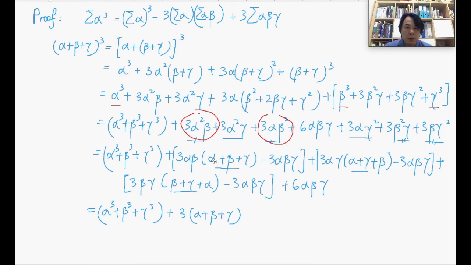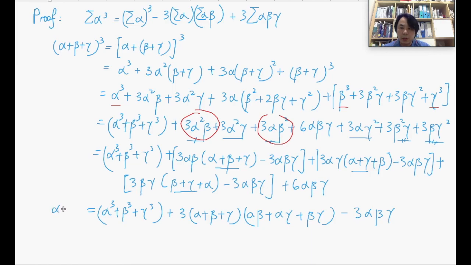And then once we factorize this, we're only left with alpha, beta, and then here will be alpha, gamma, and then lastly you have your beta, gamma. Okay, and then finally we have the excess of 3 alpha beta gamma there. So that's what we have.